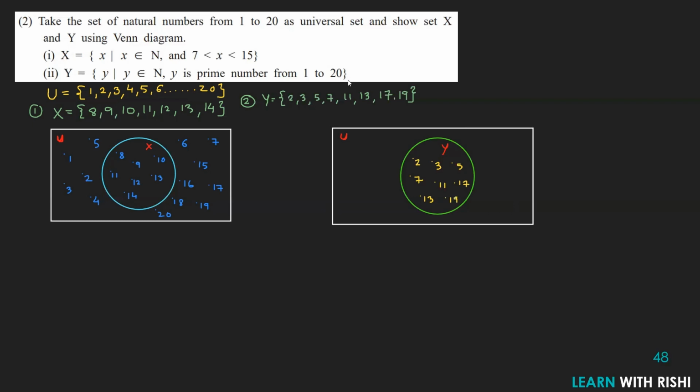So these are the 8 elements inside the set Y. The rest of the elements we have to fill inside the rectangle: 1, 4, 6, 8, 9, 10, 12, 14, 15, 16, 18, and 20. So this is how our Venn diagram will look. I hope you understood how we have drawn the Venn diagram for both the questions.